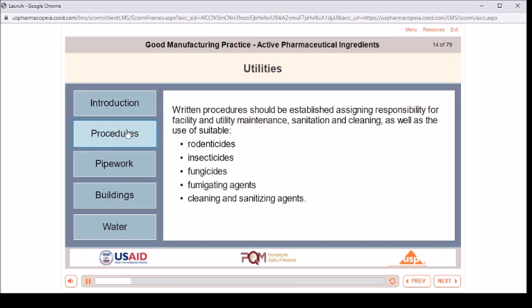Procedures. Written procedures should be established assigning responsibility for facility and utility maintenance, sanitation, and cleaning, as well as the use of suitable rodenticides, insecticides, fungicides, fumigating agents, cleaning and sanitizing agents.